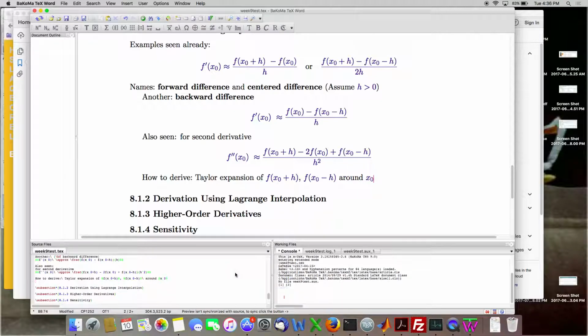So x naught always serves as a center of your Taylor expansion. Now, the way these worked out, you actually worked out the two up here in the second homework. This one was done as an example in that same section. I'm going to show you another one so you can see a different example.